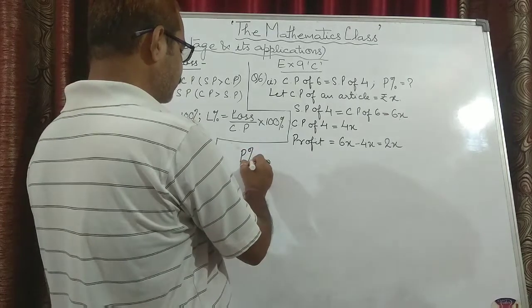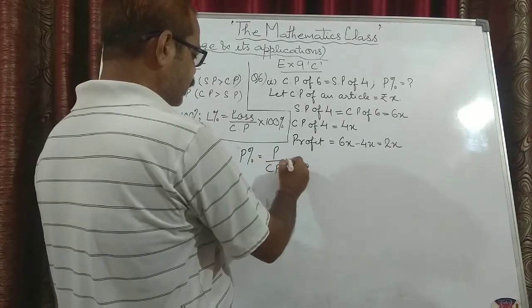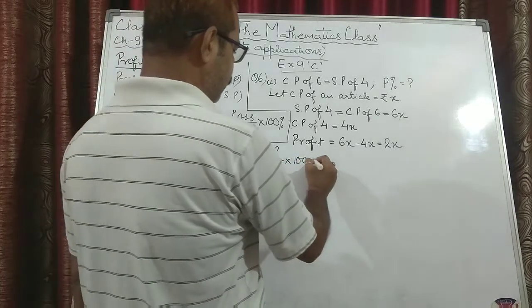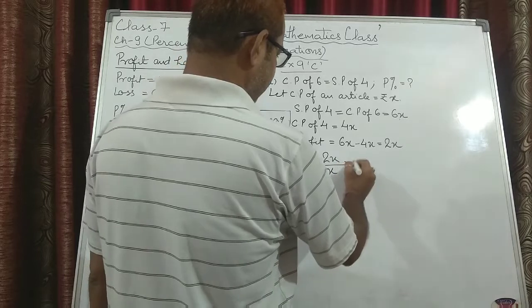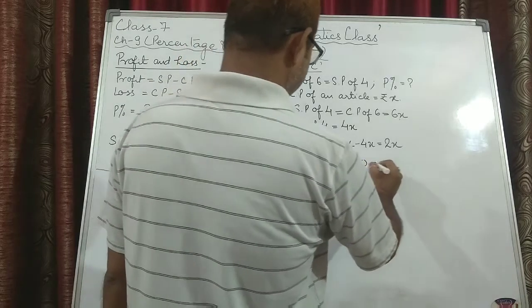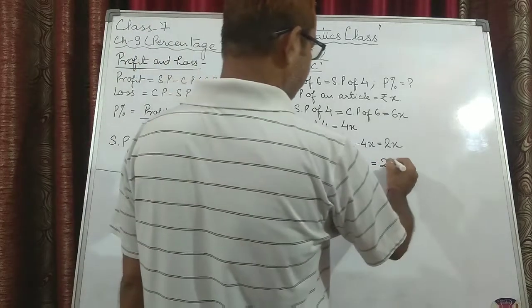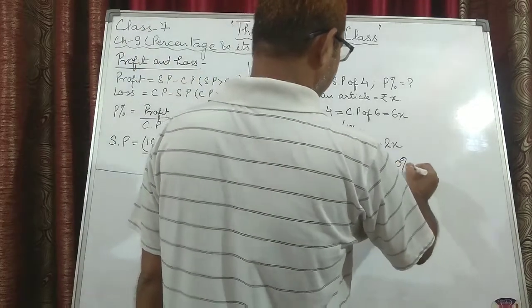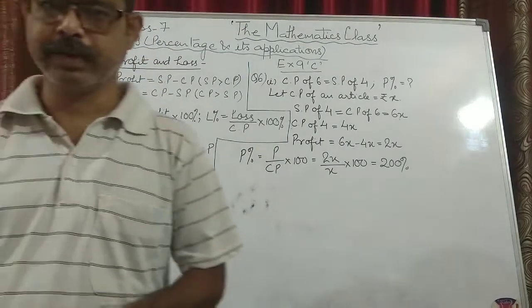Now you can calculate profit percent. We know profit percent is equal to profit upon cost price into 100. Profit is 2X, and the cost price is X into 100, it comes to 200% profit.